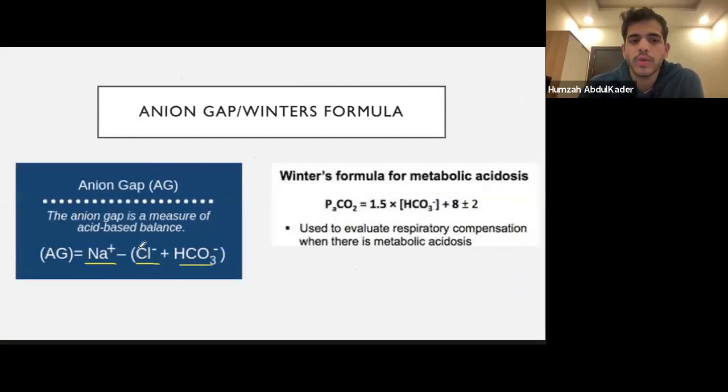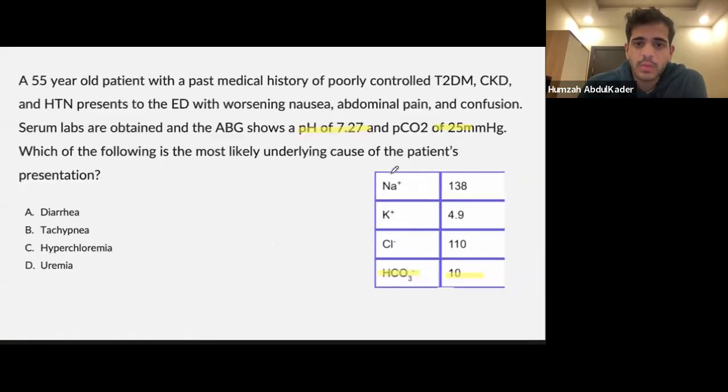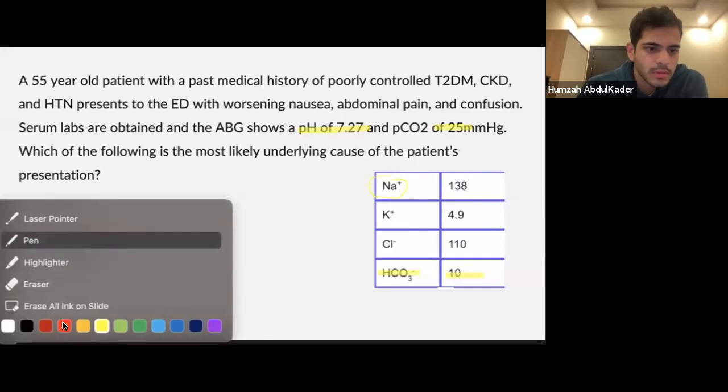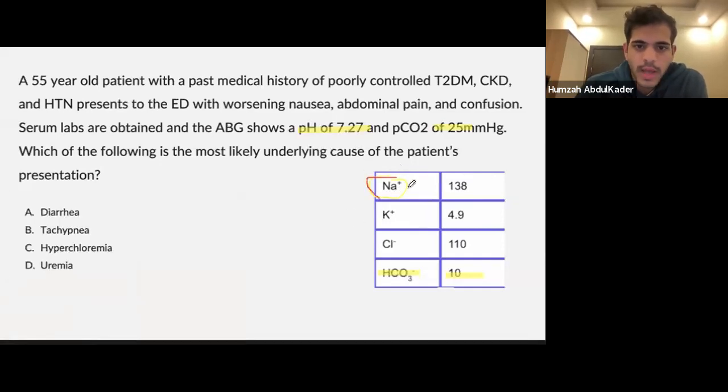However you want to do it, basically you want to take Na and subtract Cl and HCO3 from it. So in this case, 138 minus 110 minus 10 is equal to 18.